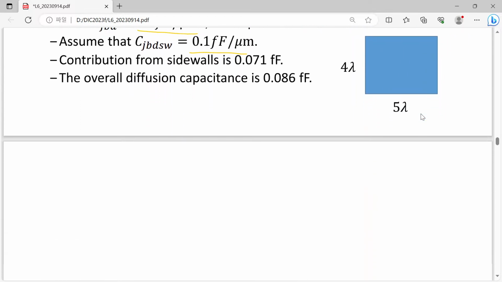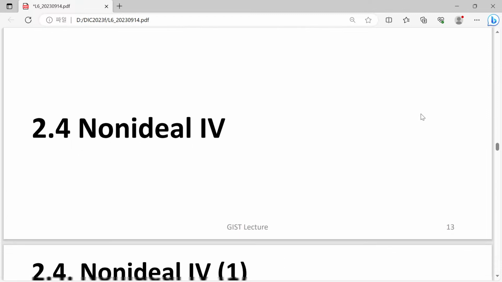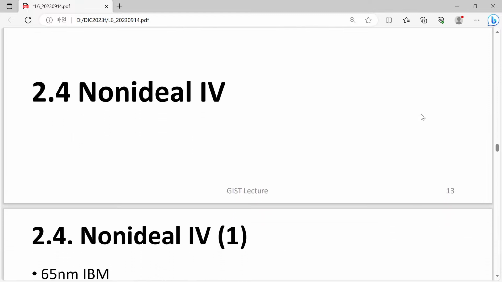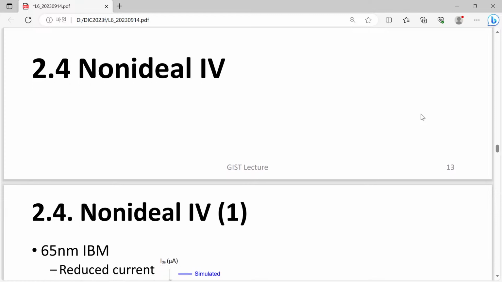Then let me just move to the next topic. Okay, so up to now we just considered ideal IV characteristics and capacitance, quite a simplified one.